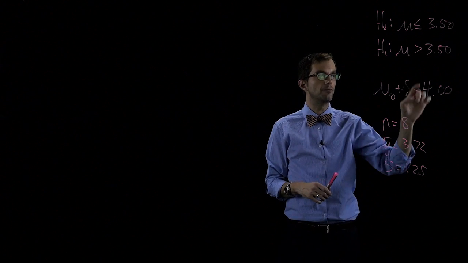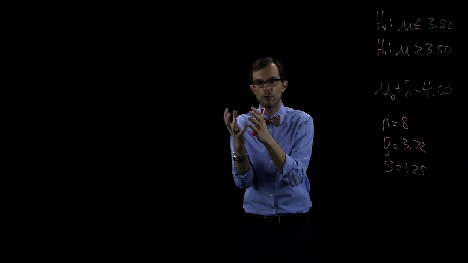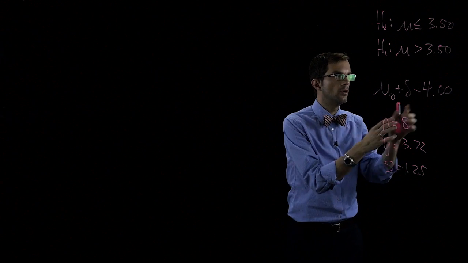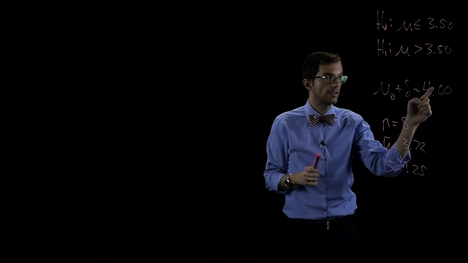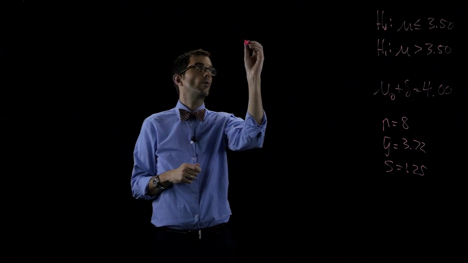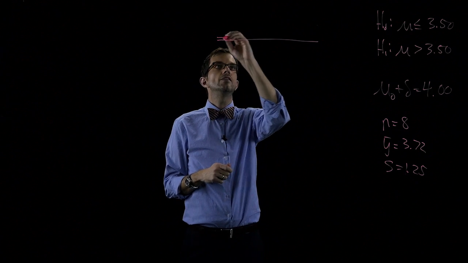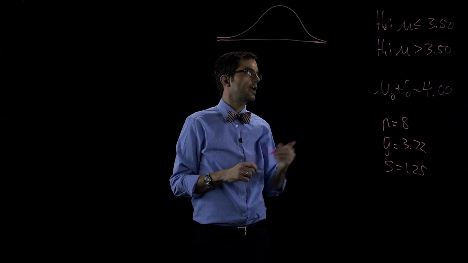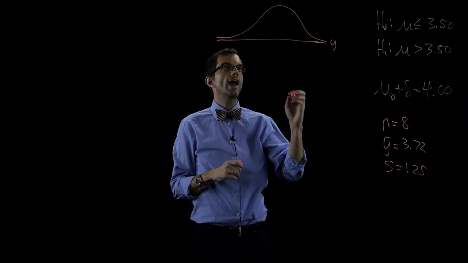Not 3.5, but 4. That is, we're really pulling our sample from a distribution whose mean is 4. So let's draw this out. Here is our hypothesized distribution, and this is on the y-axis.